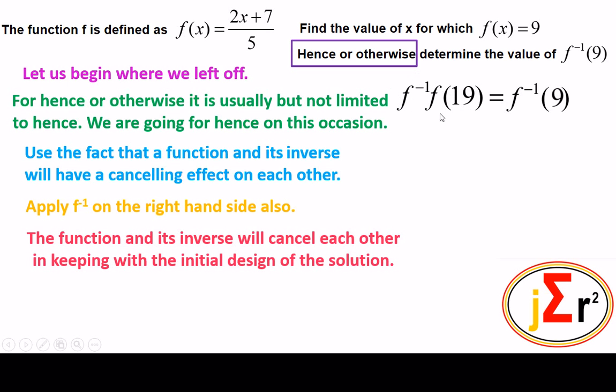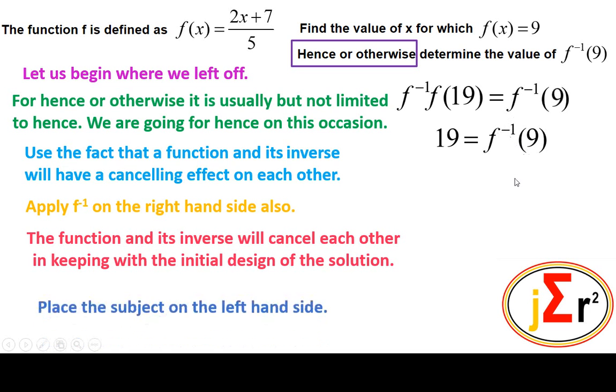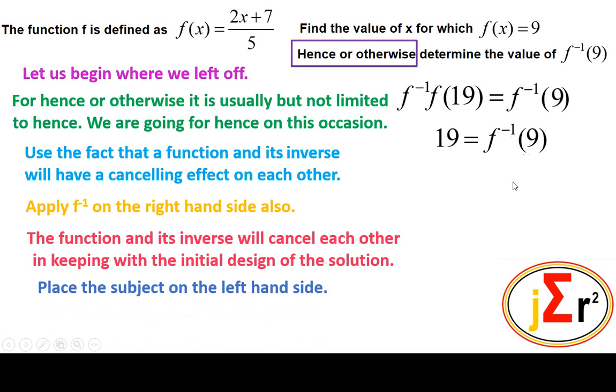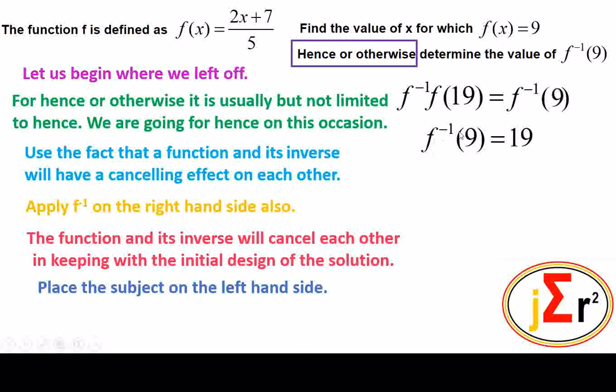On the left hand side, the result is 19, and we maintain the f inverse on the right hand side. Place the subject on the left hand side as in the usual manner, because we are required to determine the value of f inverse of 9. So there we have it. f inverse of 9 is equal to 19.